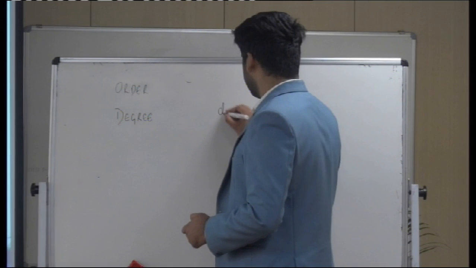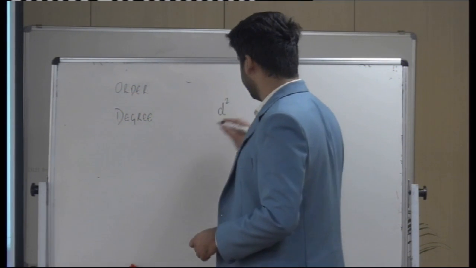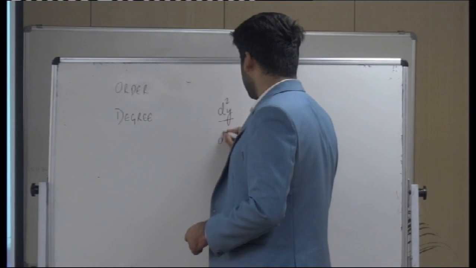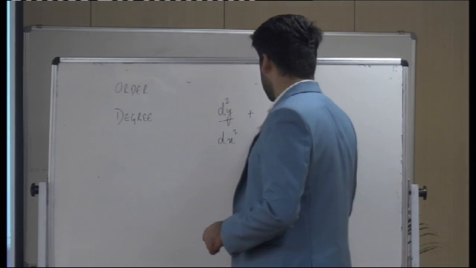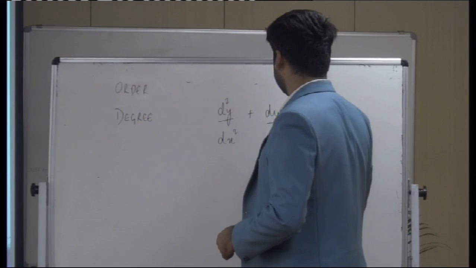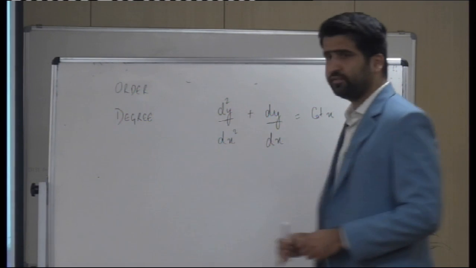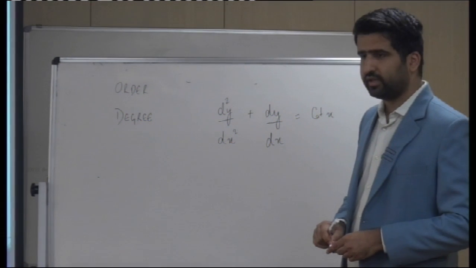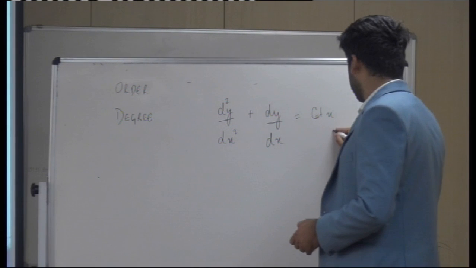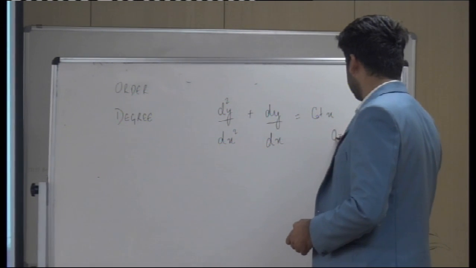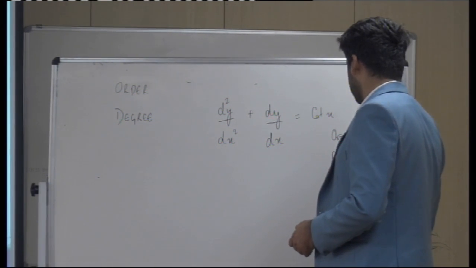So let's do some questions on order and degree. What if we have d2y upon dx square plus dy by dx is equal to cot x? So here the order is 2 and the degree is 1. So in this case, order is equal to 2 and degree is equal to 1.